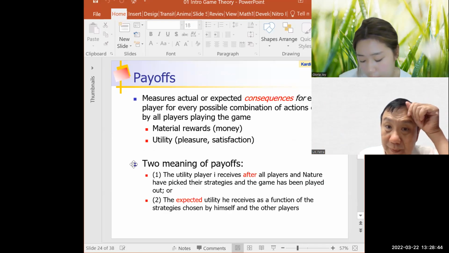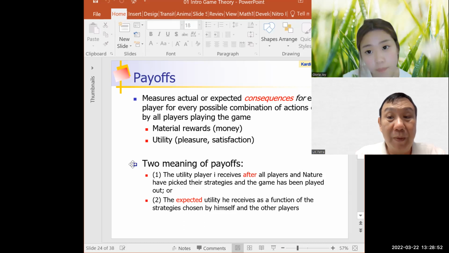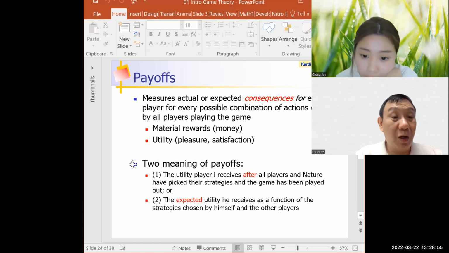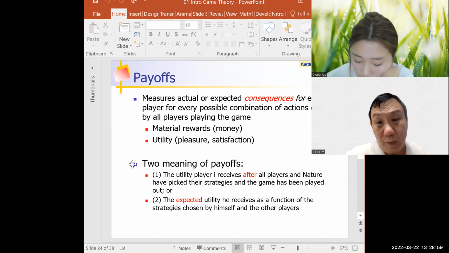Next is the payoff. The third component is the payoff. What is that? Payoff is basically the consequence for each player, for each alternative or for each action.